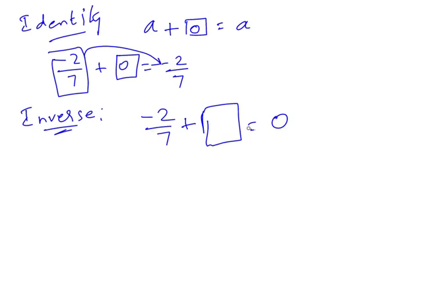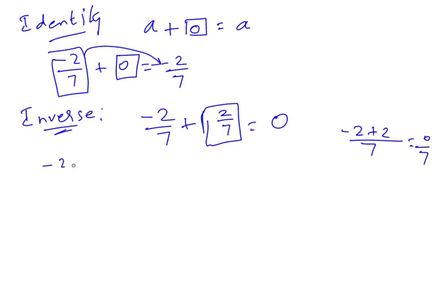So, with this, what number if we add will get 0? Here minus 2 by 7. If we take plus 2 by 7, what will happen? LCM is 7, minus 2 plus 2. Minus 2 plus 2 becomes 0. 0 by 7 becomes 0. So, we are getting answer 0. So, for minus 2 by 7, plus 2 by 7 is the inverse.